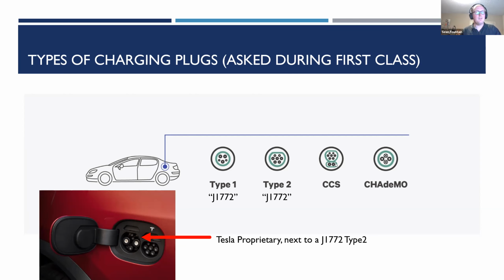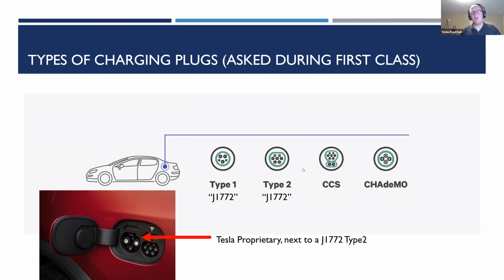The CCS is a combination charger. You can see it has the type 2 and it has another 2 prongs below it. And usually the car will always have access to the type 1, either through an adapter or a plug.